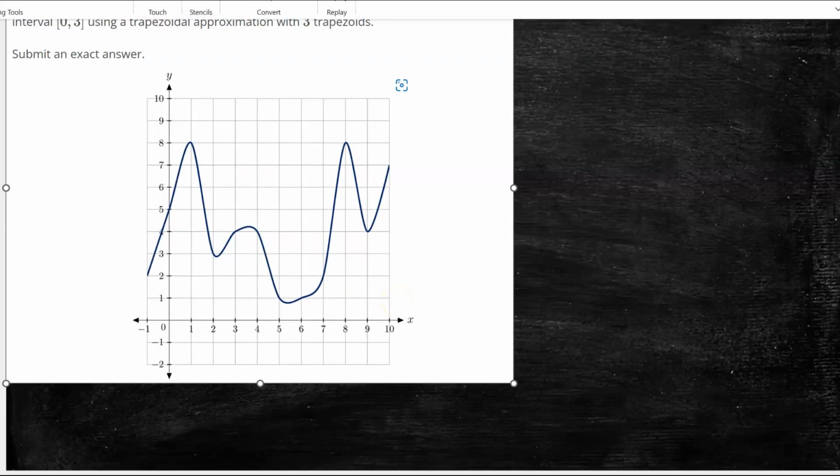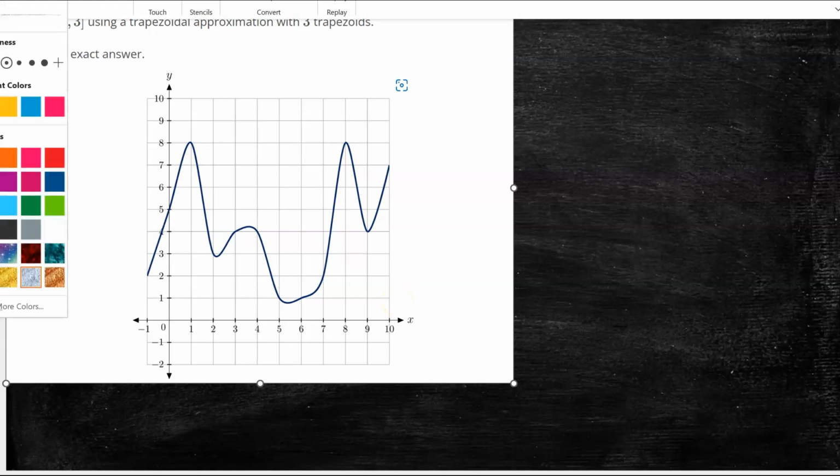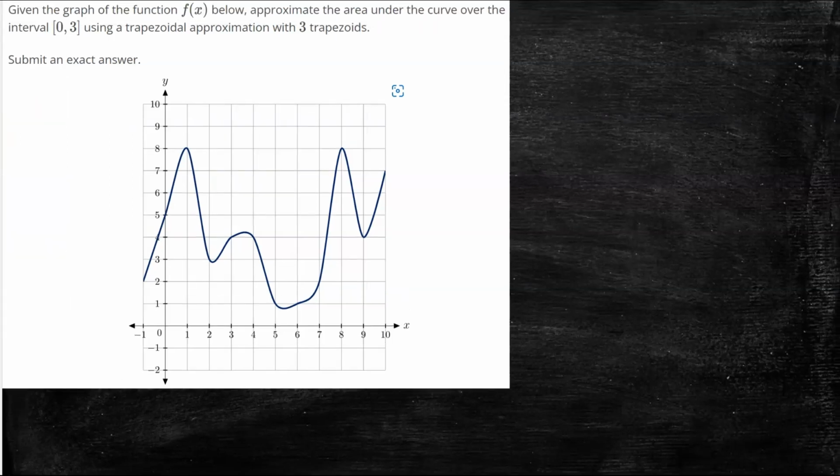So our A is 0, B is 3, delta x is B minus A over N, which is 3 minus 0 over 3, so it's 1, and we're going to go from 0 to 3.